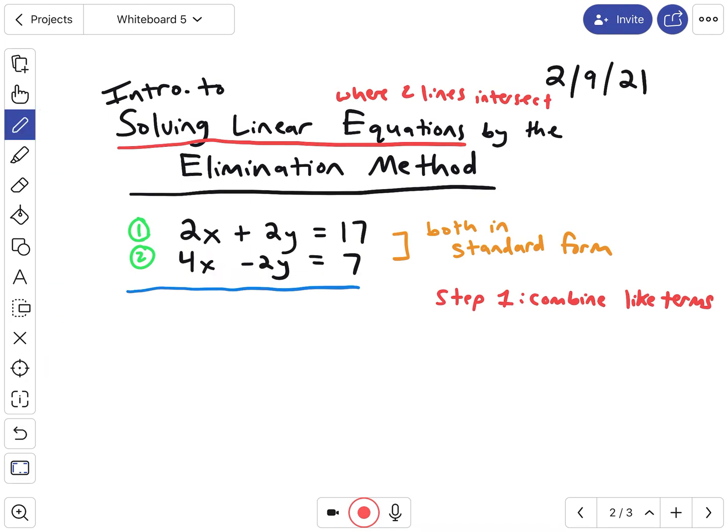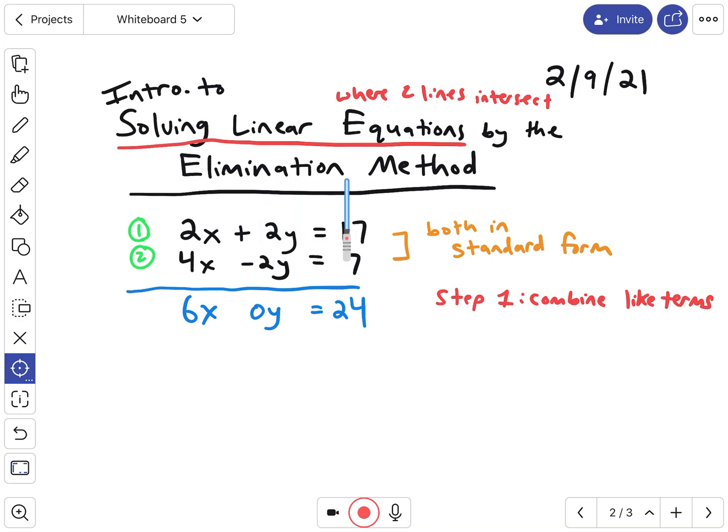Okay, so 2x and 4x is going to be 6x. So notice that the x's are lined up, the y's are lined up, the constant terms. So I'm just going to combine like terms straight down. Now, if I have a positive 2y and a negative 2y, that's going to be 0y. I'm going to bring the equal sign down, and then 17 and 7 is 24.